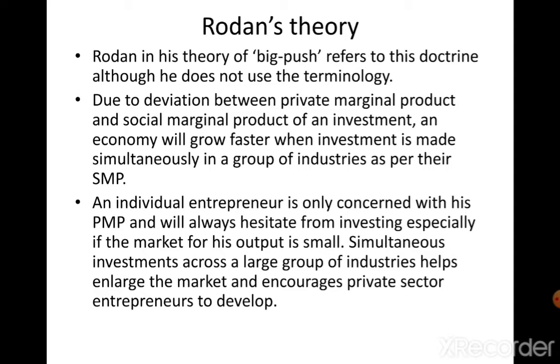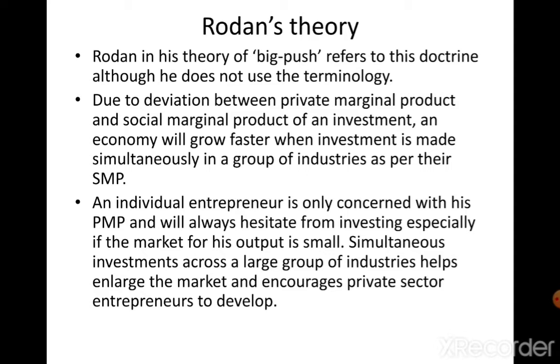you have to ensure that such investments are being made simultaneously in not just one industry or one sector but in a group of industries. So Rodin suggests that simultaneous investments in a large group of industries will also enlarge the market.